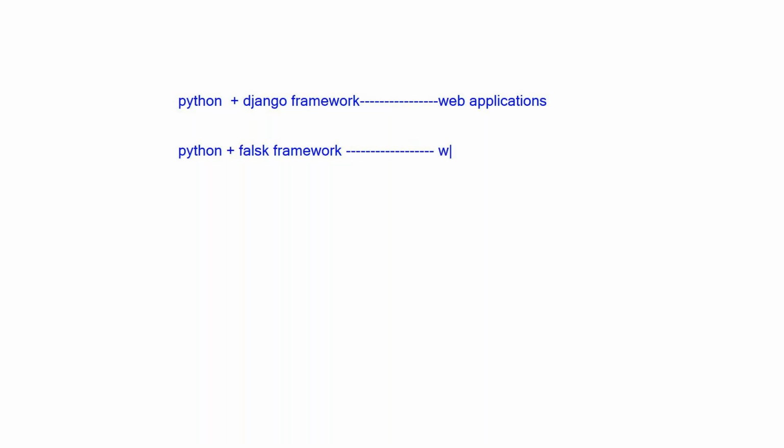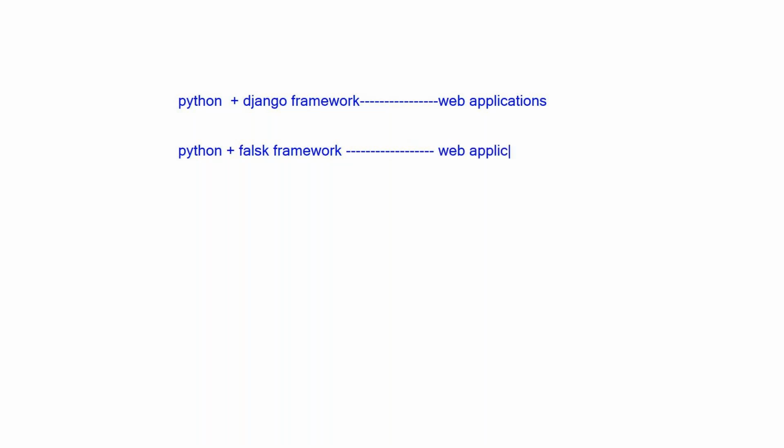Python plus Django framework will be used for developing web applications. And the other one, Python plus Flask framework, together will be used for developing web applications.